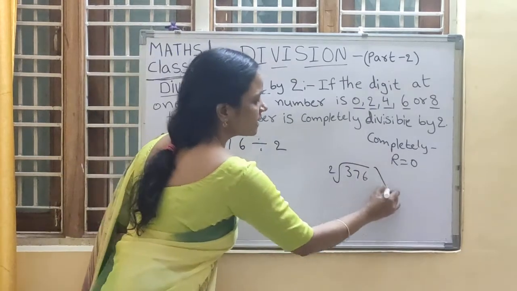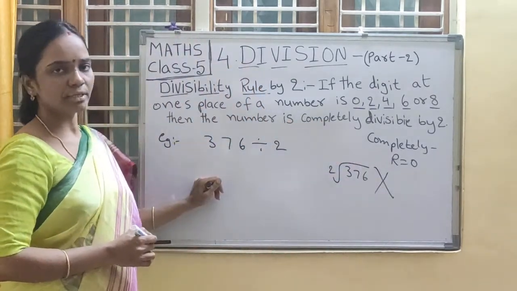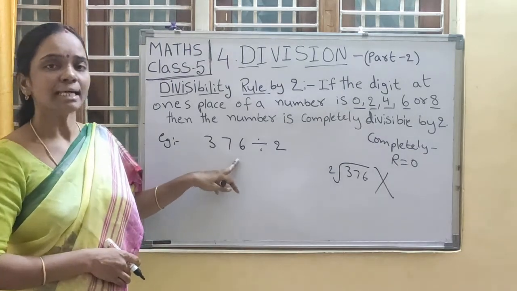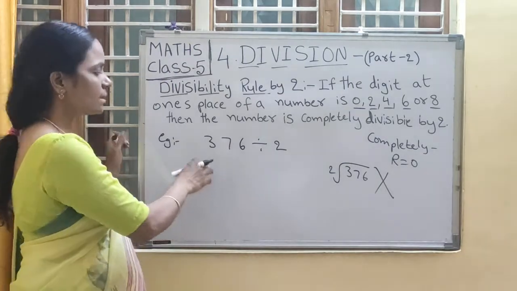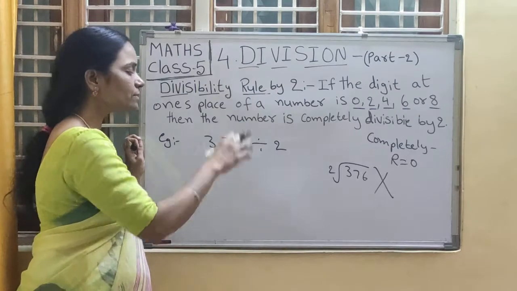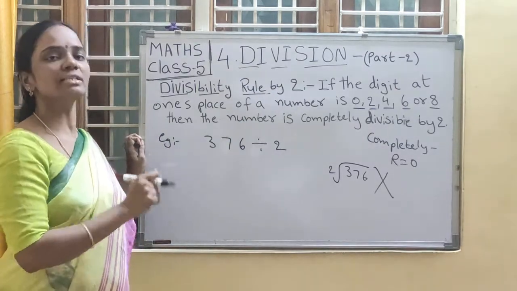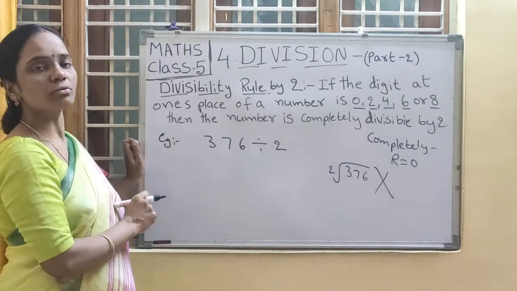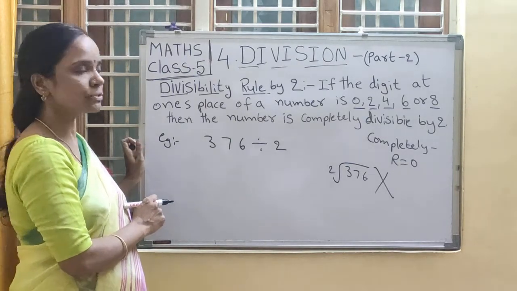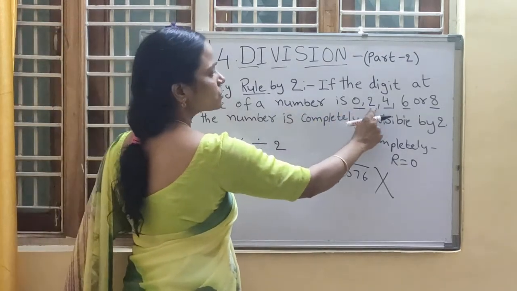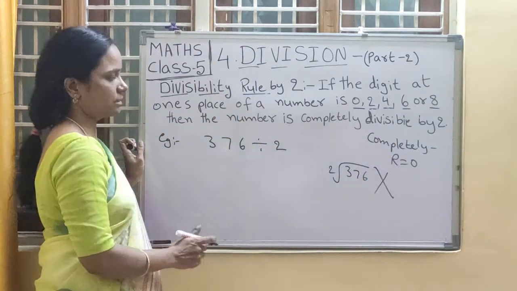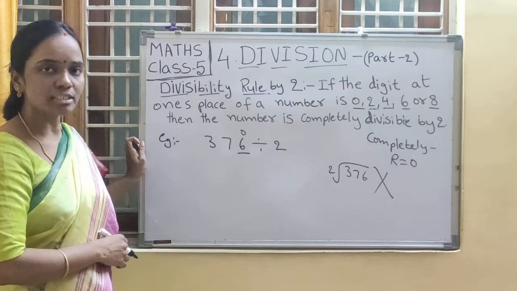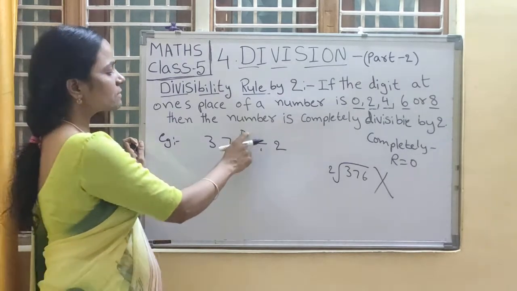The rule by 2: at one's place 0, 2, 4, 6 or 8 should be there. We check the digit at one's place.